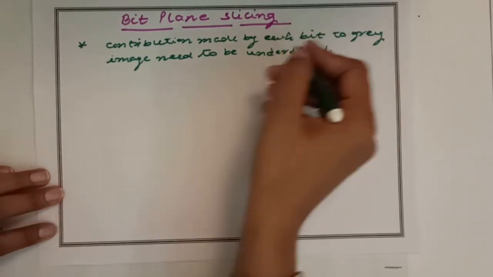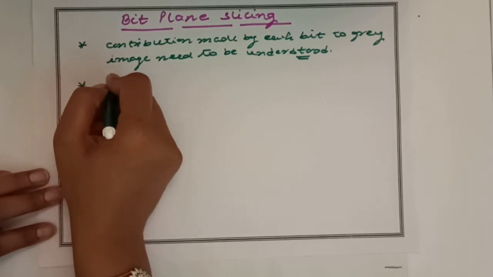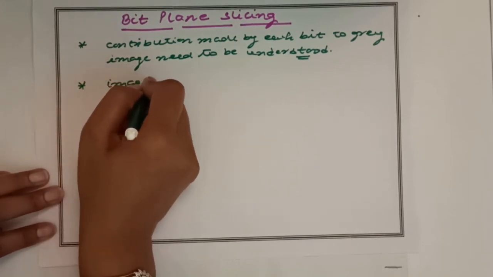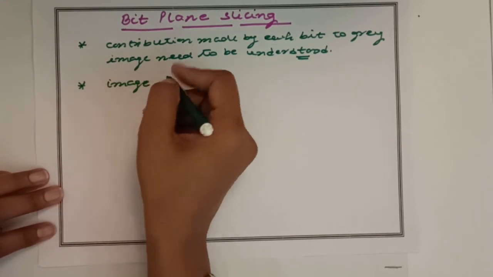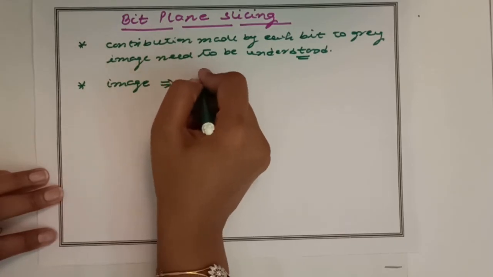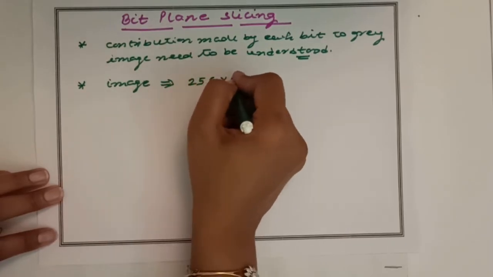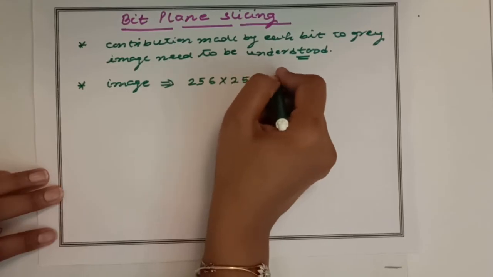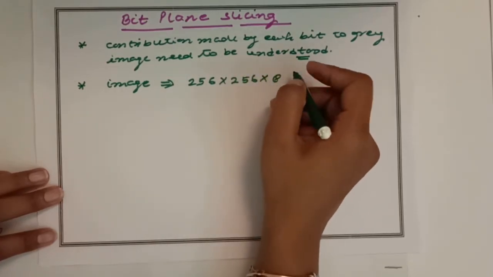This is what the factor is. You know that any image can be defined as, say, 256 by 256 by 8.